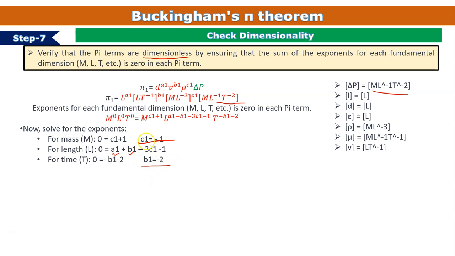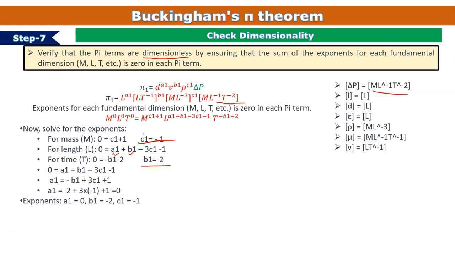Now if we plug in c1 and b1, we can easily get a1. So we know 0 is equal to a1 plus b1 minus 3c1 minus 1. From that a1 is equal to minus b1 plus 3c1 plus 1. So if you plug in the c1 and b1 values, a1 will be 0.